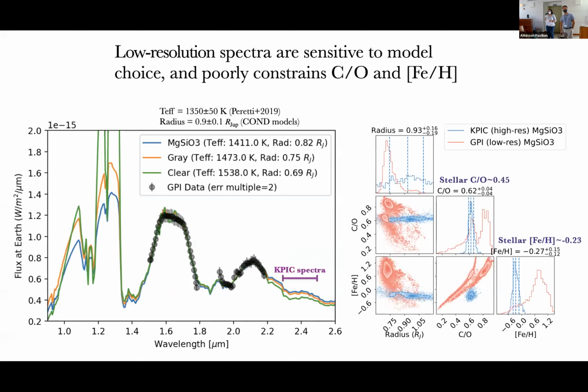That's true, because the low resolution data does have some information that we want to add. Eventually we want to combine both types of data to do a joint fit between the high and low resolution data. But the low resolution data is flux calibrated, so the units on the y-axis on the left here are in physical units, which is why it constrains the radius and temperature better.